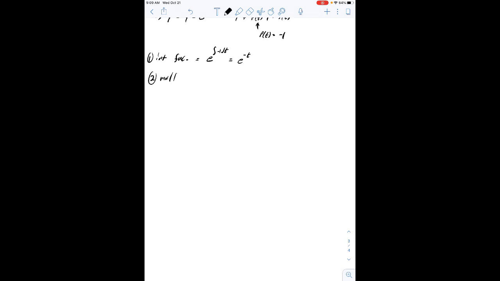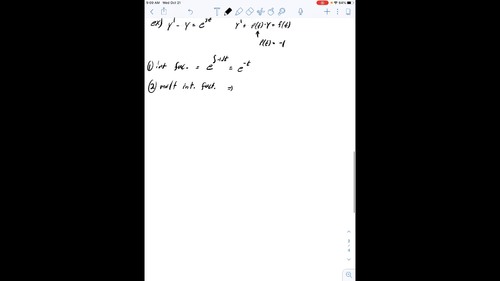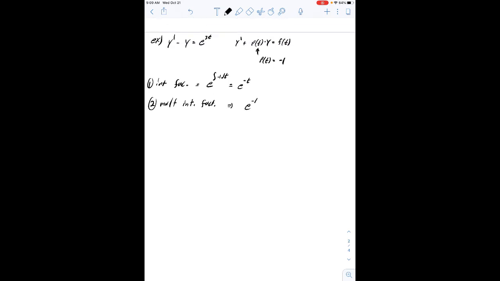And then our second step is always to multiply by the integrating factor, which then goes to e to the negative t times (y prime minus y) equals e to the 2t, right?